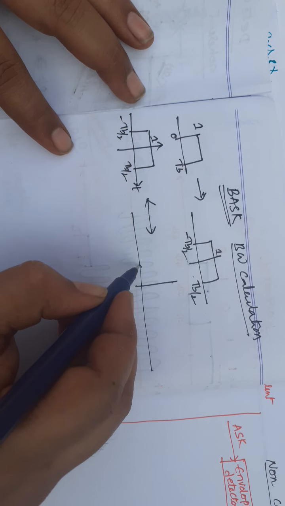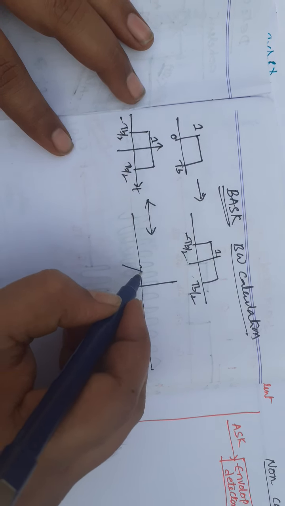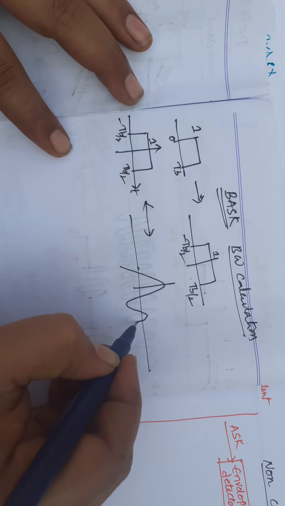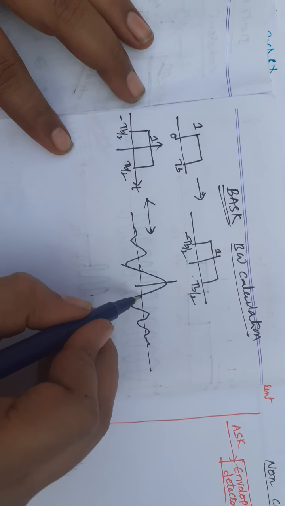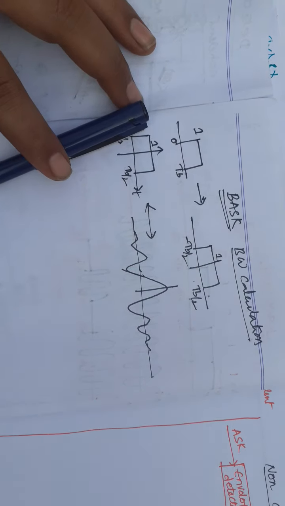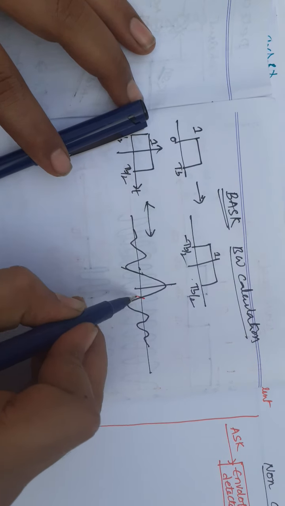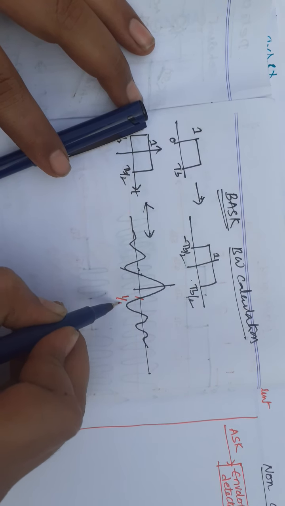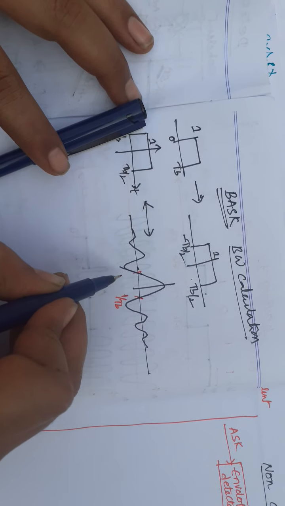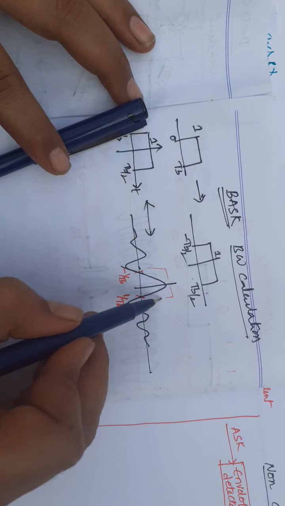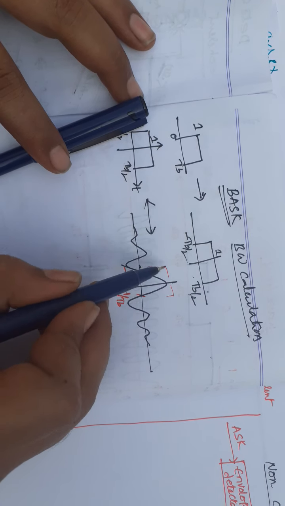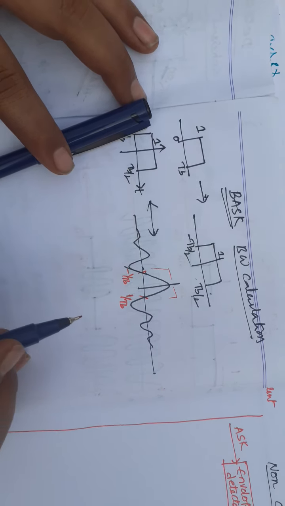I am concentrating only on the major lobe. This is my sinc signal. Here this point is 1 by TB, this point is minus 1 by TB. So almost 99% of power is consumed only by the major lobe.